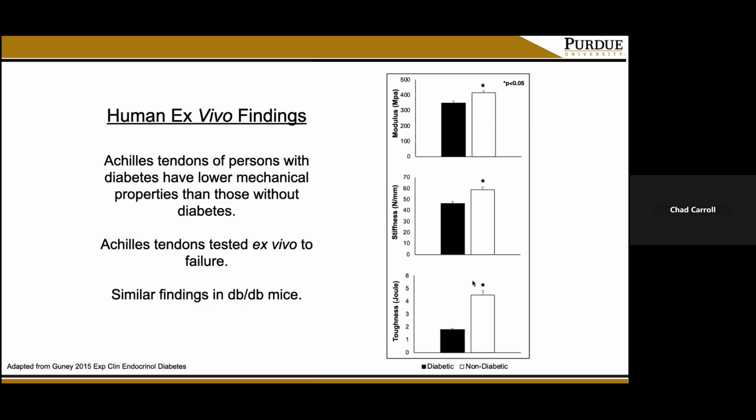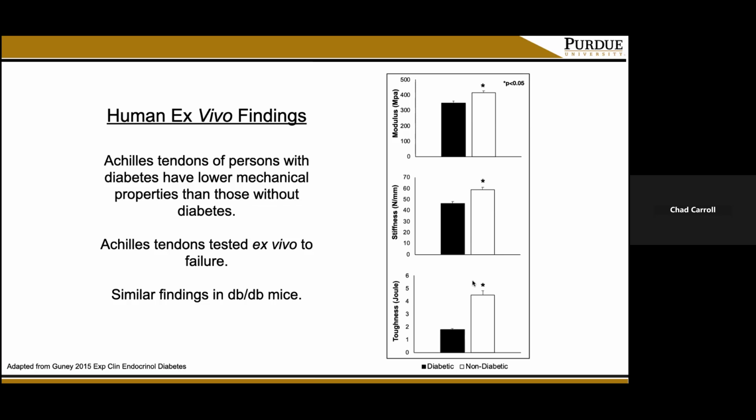What they found was the opposite of what we would think. The healthy controls are on the right, and the patients with diabetes are on the left. All of our variables, our modulus and our stiffness, are lower rather than higher in the patients with diabetes. So exactly the opposite of what we thought.